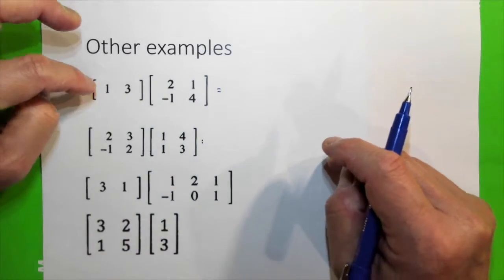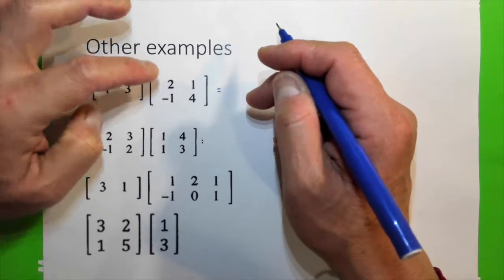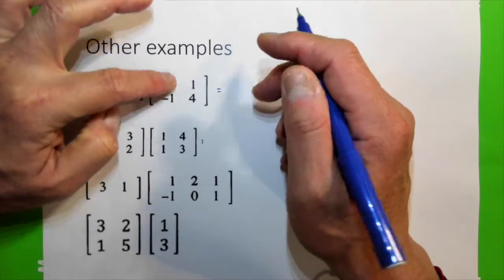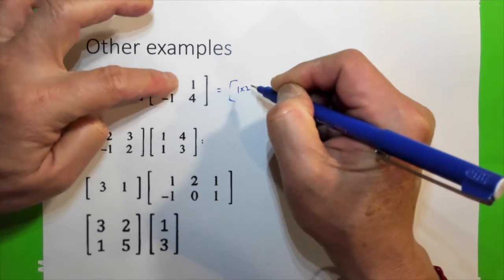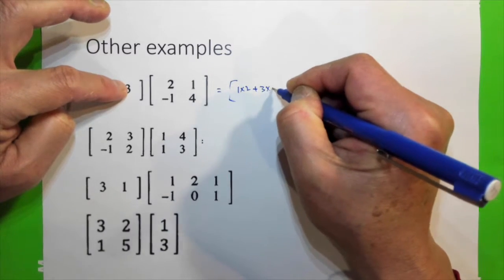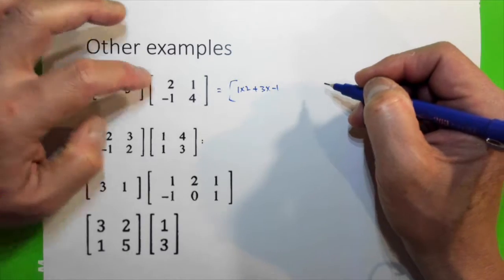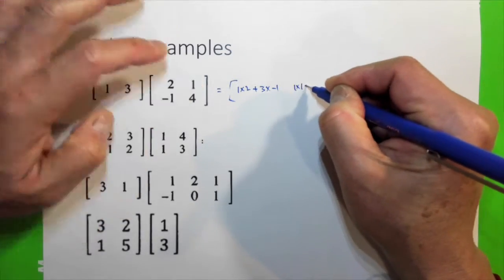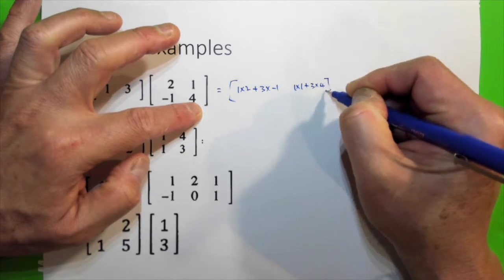So having a look at this, what can we do? We know that we have to start off with one row and one column. So in this case, it's 1 by 2, plus 3 by minus 1. Next one, 1 by 1 plus 3 by 4.